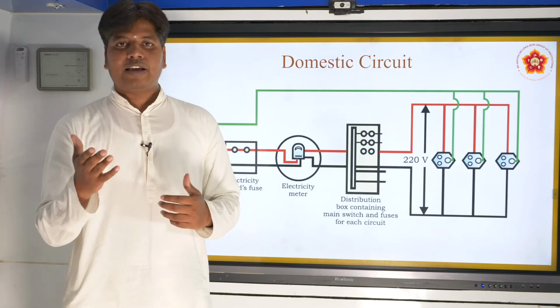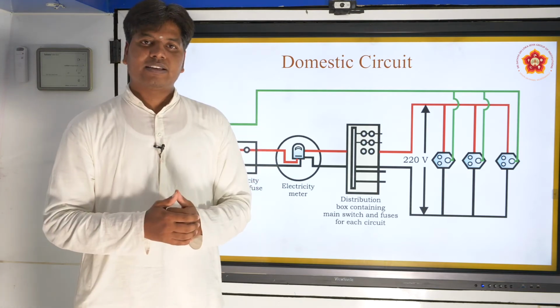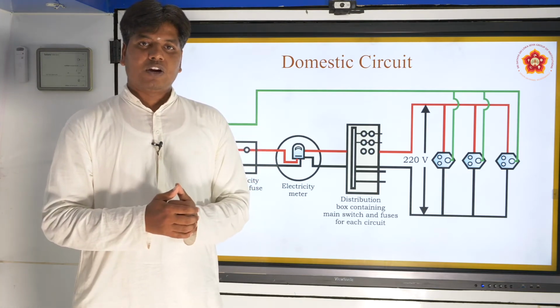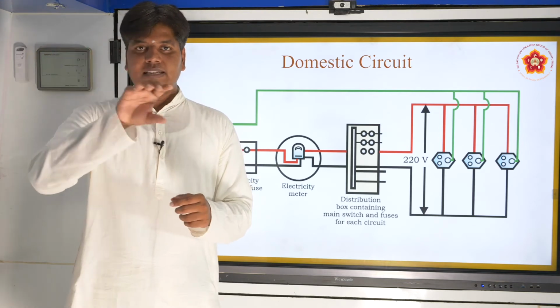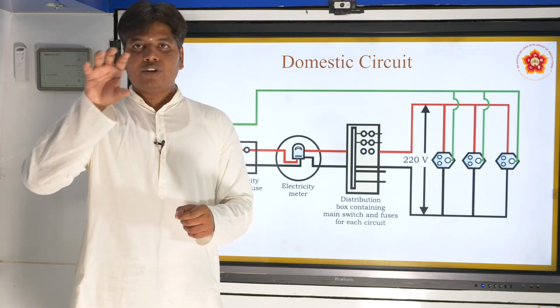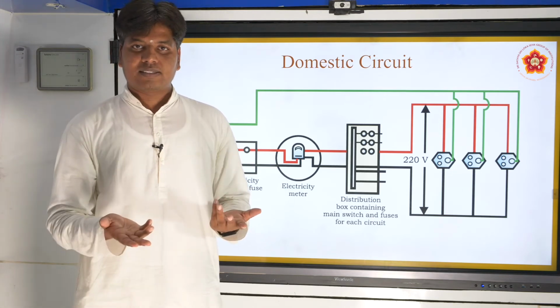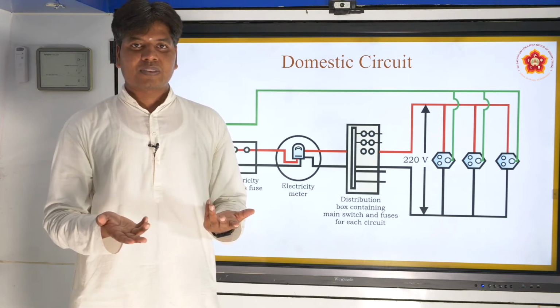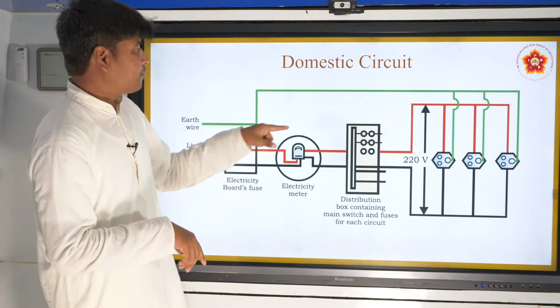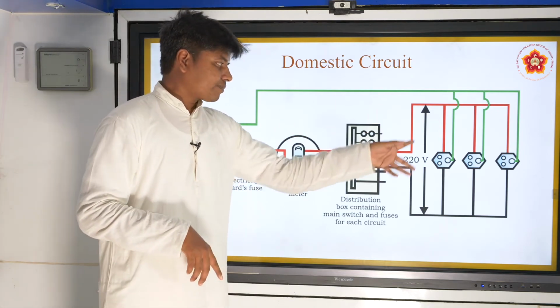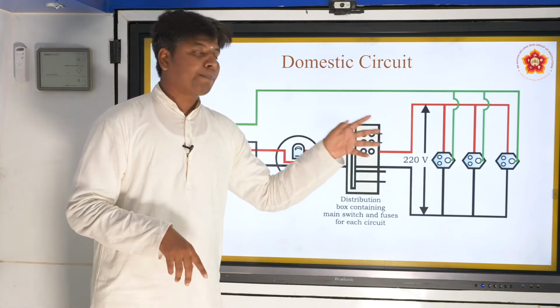I cannot switch on the fan without switching on the light, because all the appliances in a series circuit need to be switched on, otherwise the circuit breaks, right? Hence, in the domestic circuit, for every appliance we use a parallel connection.